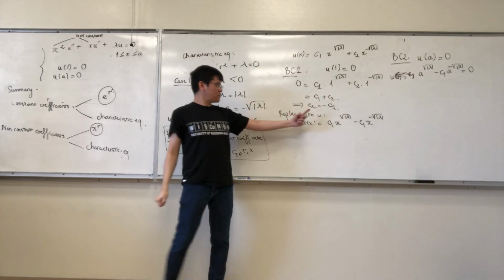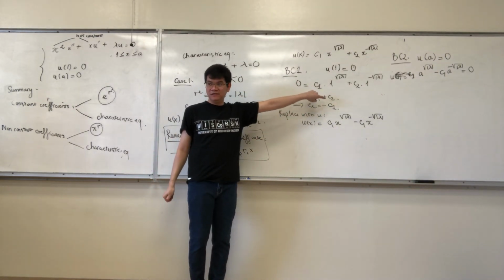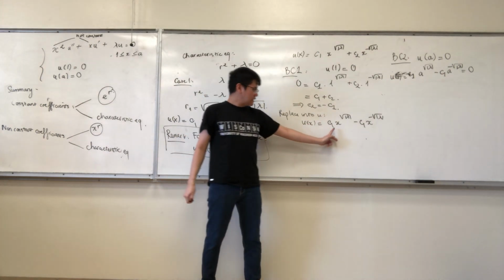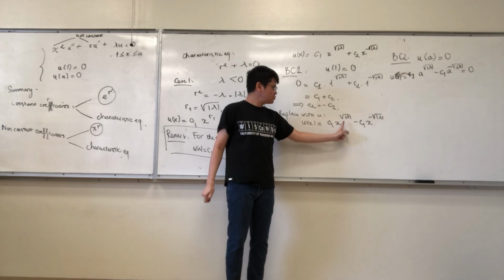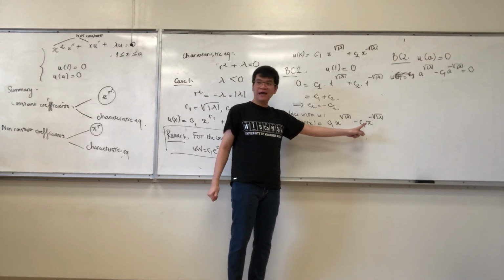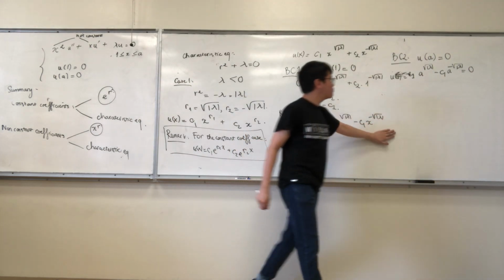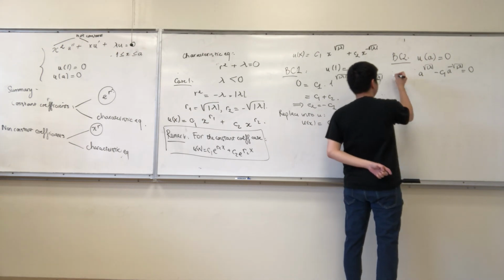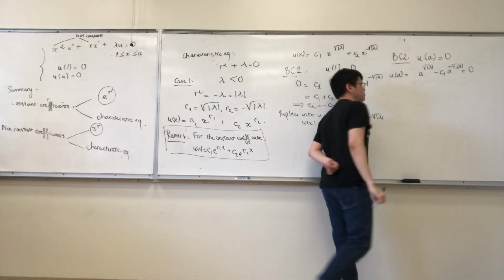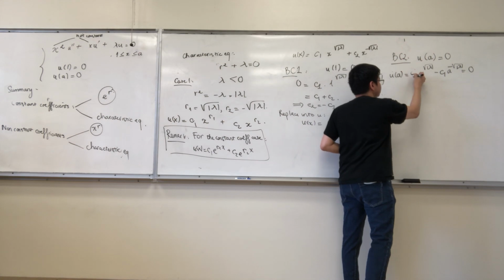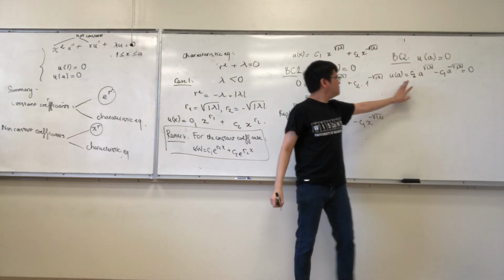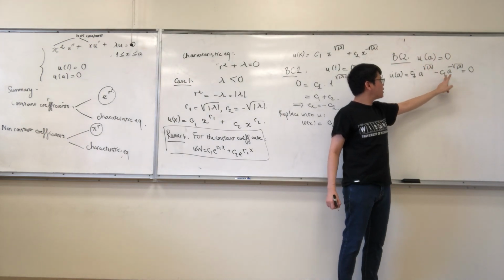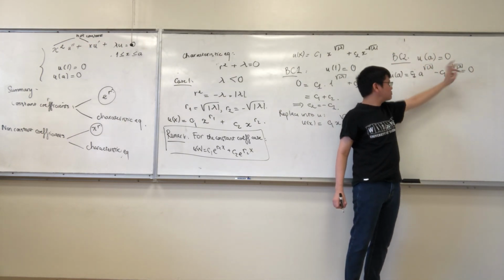From the previous computation, I know that c2 is minus c1. I replace c2 by minus c1, so u(x) is going to be c1 x to the power square root of lambda minus c1 x to the power minus square root of lambda. Now I consider the second boundary condition, u(a) is 0, meaning that c1 a to the power square root of lambda minus c1 a to the power minus square root of lambda is 0.